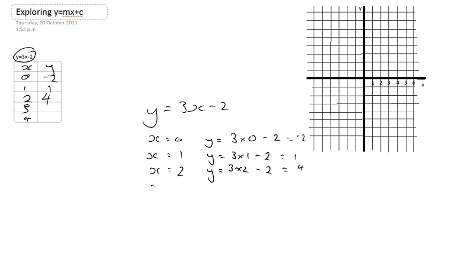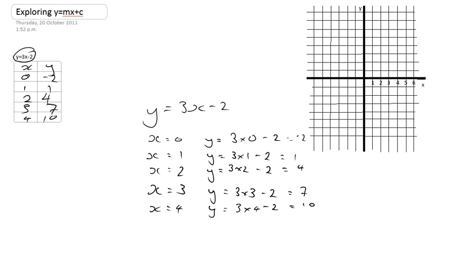And when x is 3, I'm going to get y equals 3 times 3, which is 9, minus 2, which is 7. And lastly, when x is 4, y equals 3 times 4 minus 2. 3 4s are 12, minus 2 is 10.